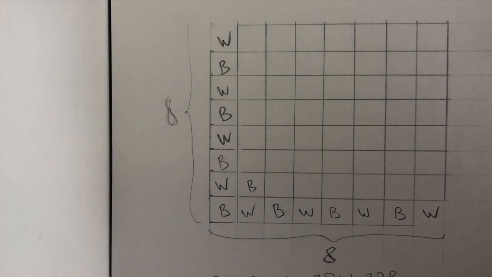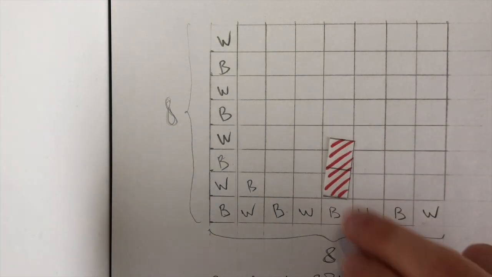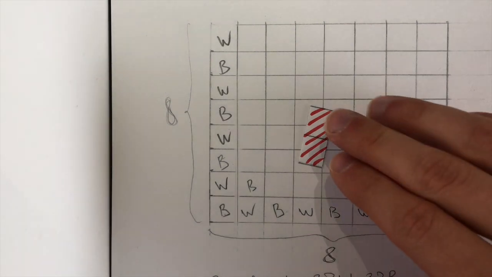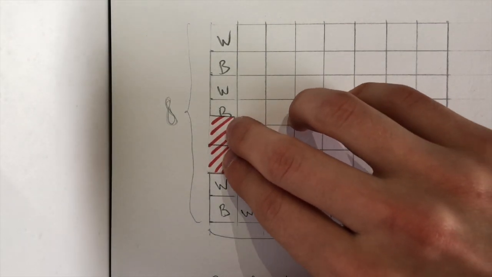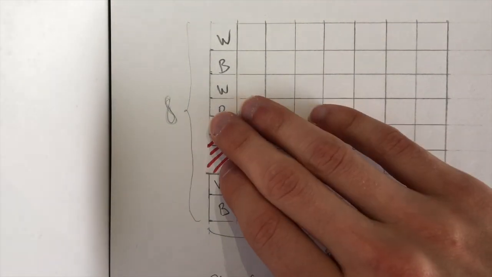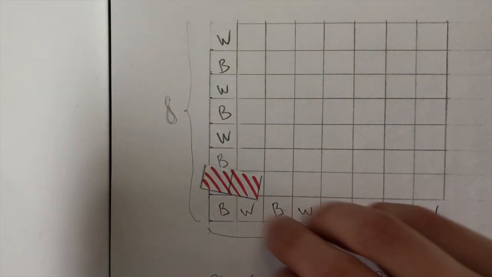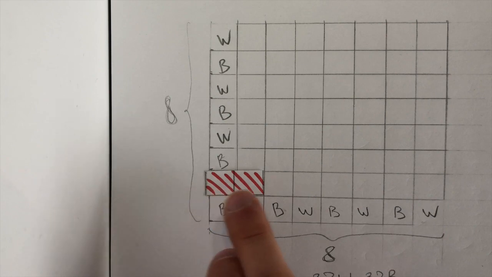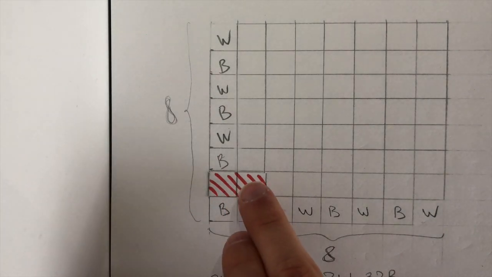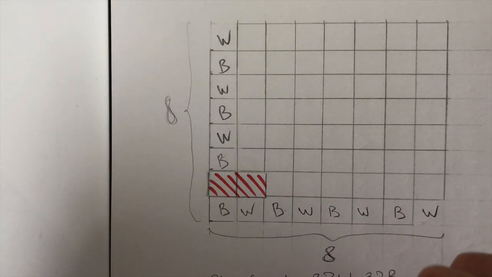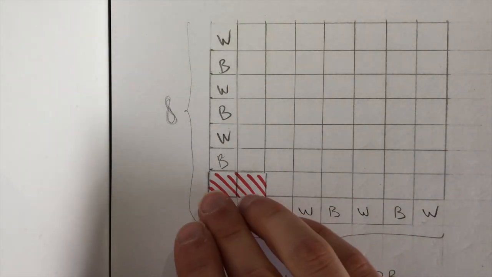So let us try to play around with this new grid using our 2x1 tiles. Well, immediately you can notice that no matter how you put it on your grid, either vertically or horizontally, it will always cover one black cell and one white cell, right? If you want to be rigorous about it, you can prove it by contradiction.